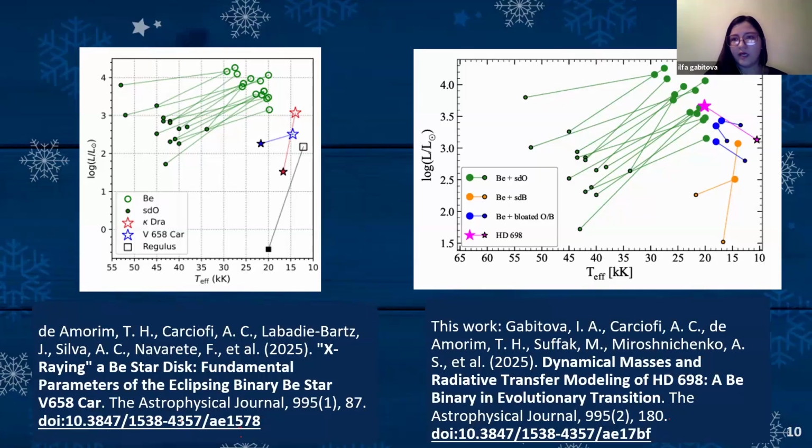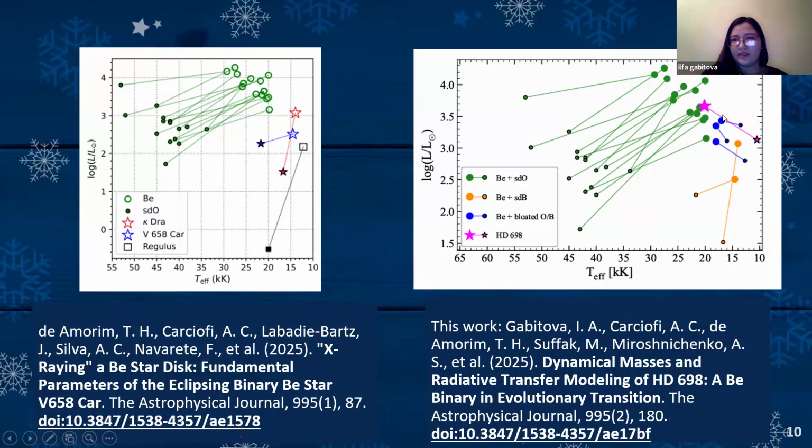And the pink one is HD698. We can see that there are three distinct groups of B binaries on this plot. And this new class is kind of hanging on its own, waiting to evolve into probably the green population.